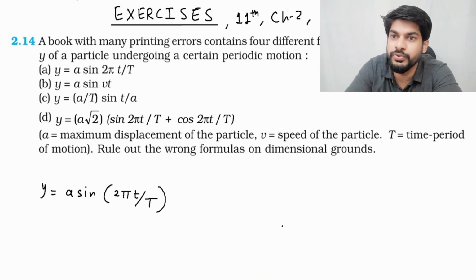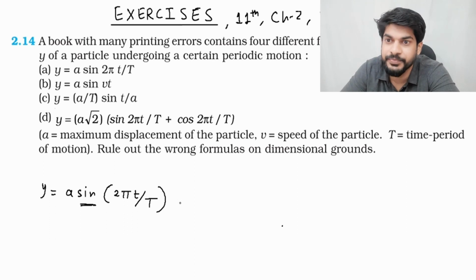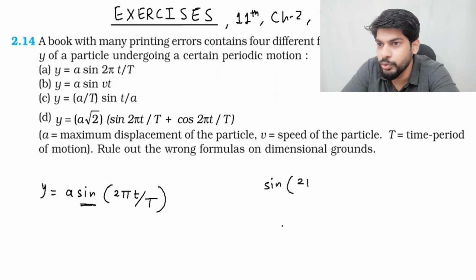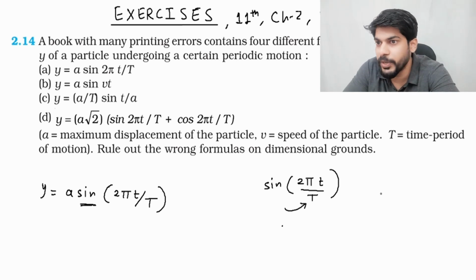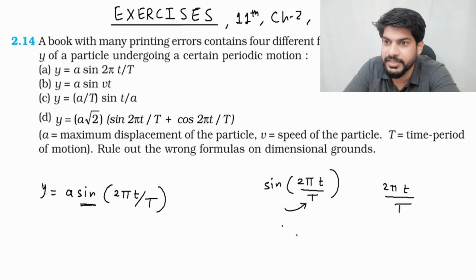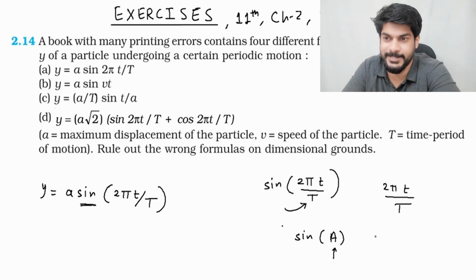Also, you need to know a few things. Here you can see there is a trigonometric function, that is sine of something. It is sine of 2 pi t upon T. Remember, whatever term is there inside the sine function, that should be dimensionless.